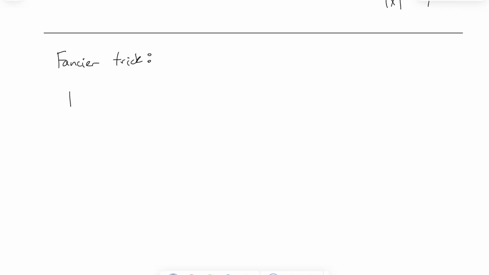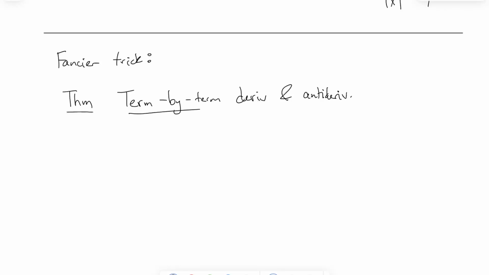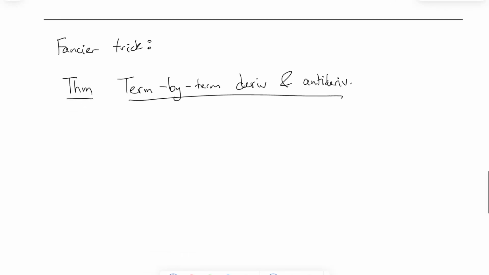This is called, I'll write it as a theorem, because it's actually not obvious that this is valid, but I'm telling you it is valid, and I don't really want to go through the proof of this. But this is called, the name really says it all, term by term derivative and antiderivative. All right. This is the statement of the theorem.